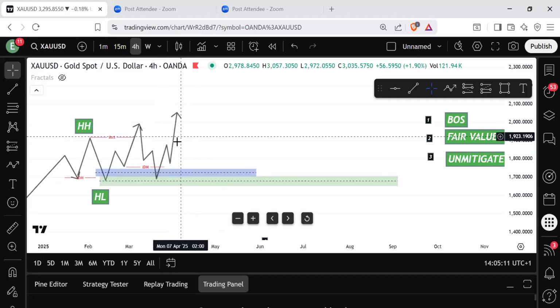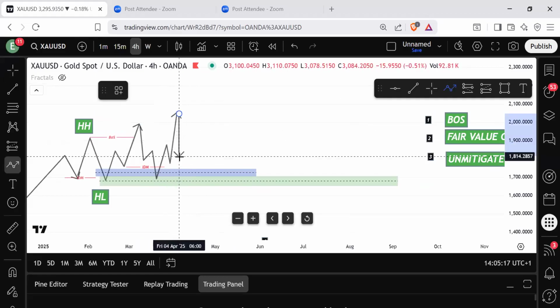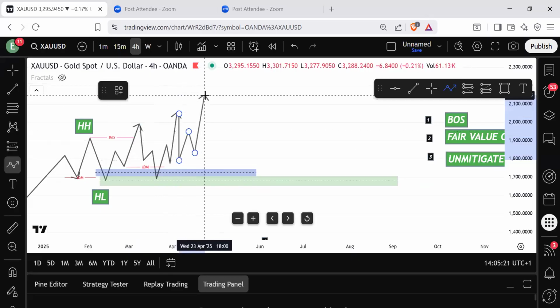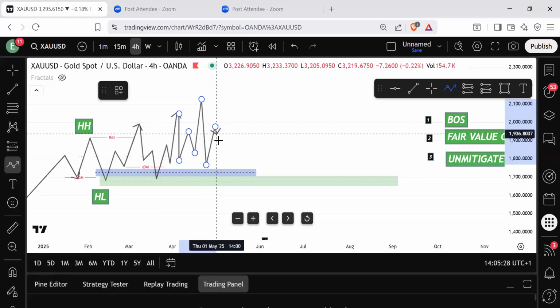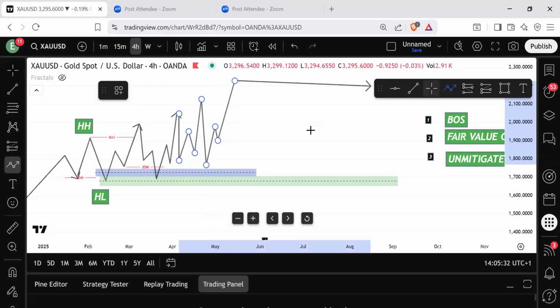A valid zone ahead, maybe another one like this. So there is a new one.